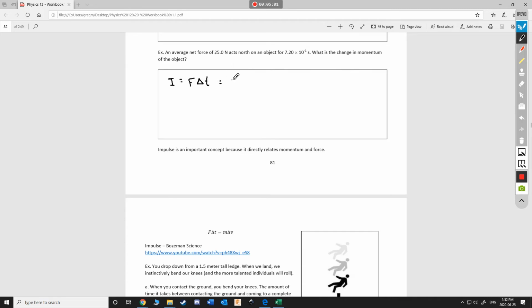So we just need to do 25.0 newtons multiplied by our time, 7.2 times 10 to the negative 1 seconds. So 25 multiplied by 7.2, times 10 to the negative 1 in our calculator. And we get an impulse of 18 newton seconds.